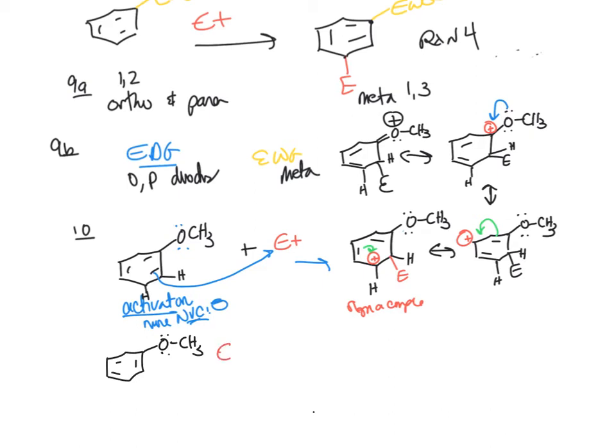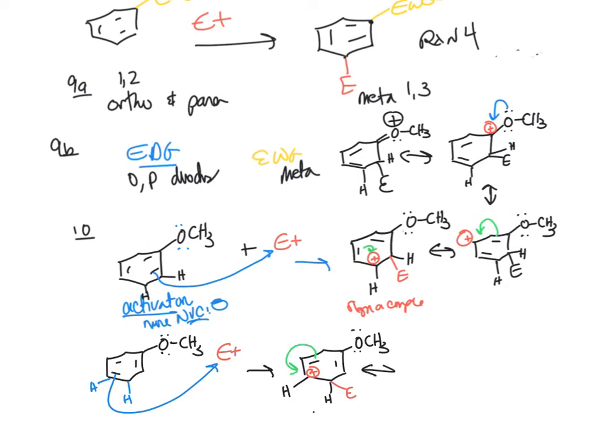So we have the electrophile, and what if we had this here? So if this went meta, and there's the 1, 3, so that's your meta. And then you get your sigma complex here, and those electrons go here.